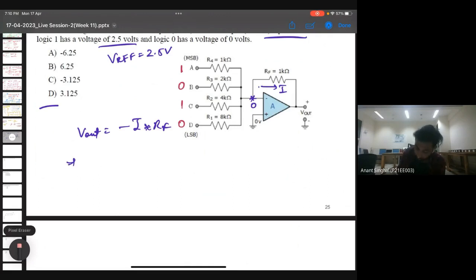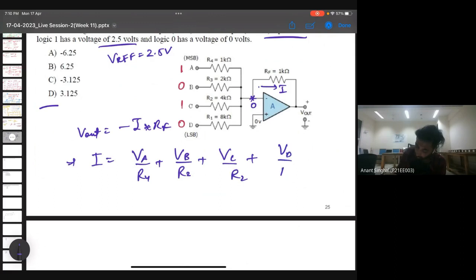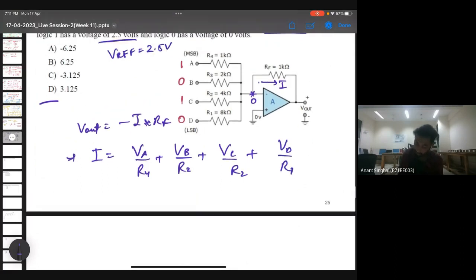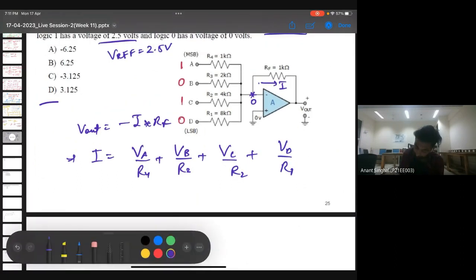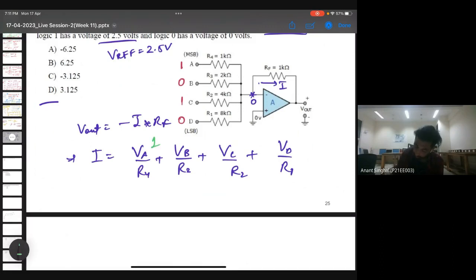So I will be the incoming current from all the nodes. Let's suppose this is VA. So I is VA upon R4 plus VB upon R3 plus VC upon R2 plus VD upon R1. And this is 1010, so this is 1, this is 0, this is 1, this is 0.